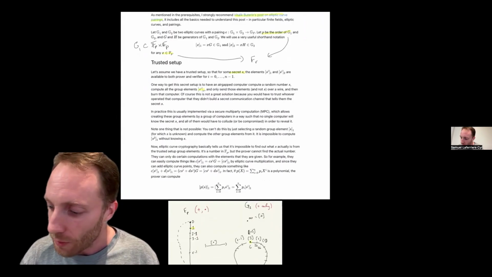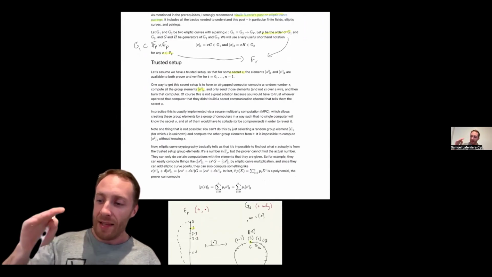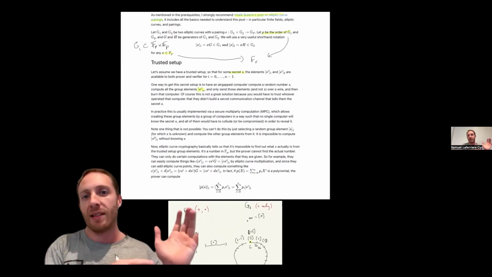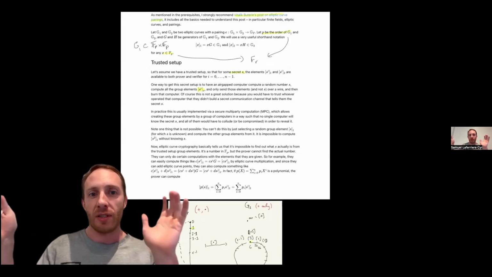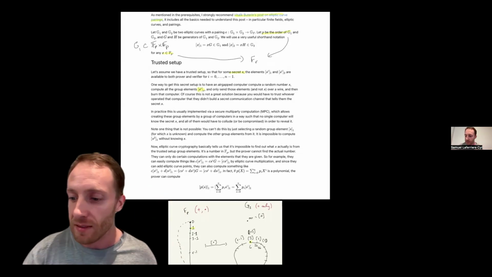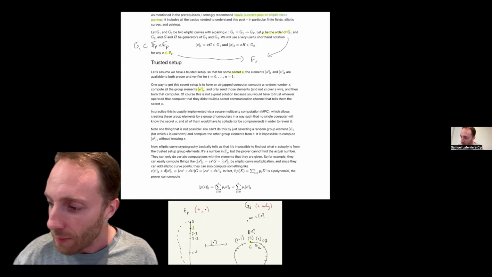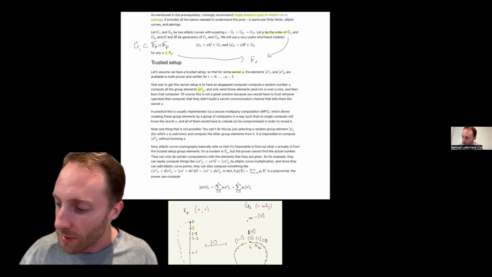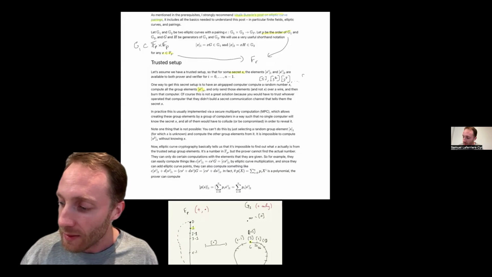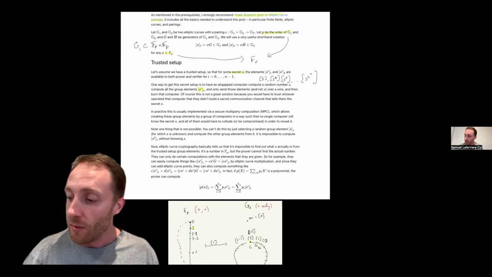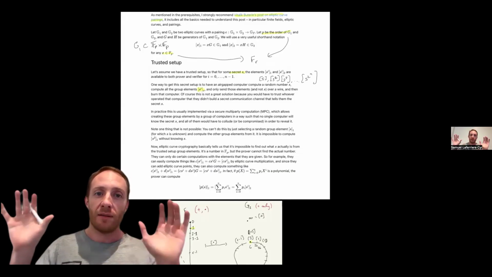Then we basically destroy S and nobody knows S. So we're left with all of these elements inside of our group: S, S squared, S cubed, all the way until S to the N, for some high N. We have all this and then we destroy S.